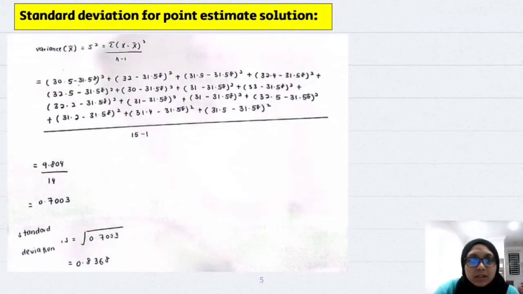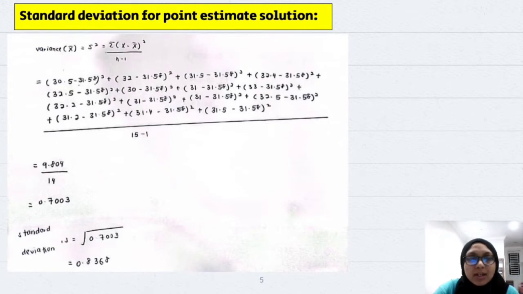Next is the standard deviation point estimate solution, the standard deviation for the sample. The variance s squared is the summation of x minus x bar squared over n minus 1.